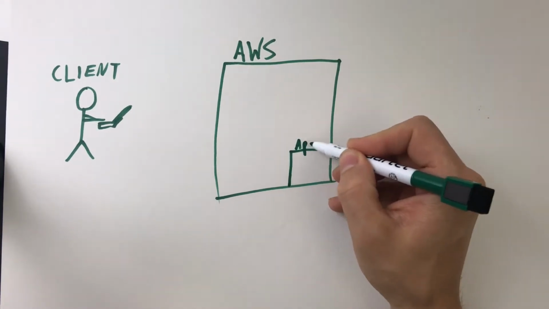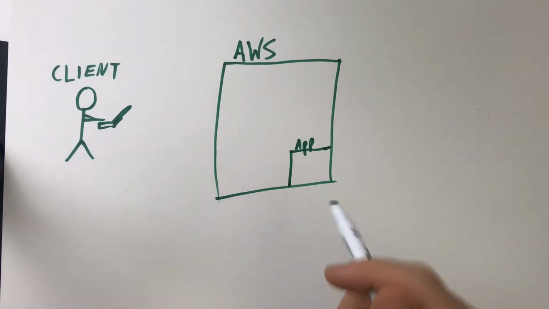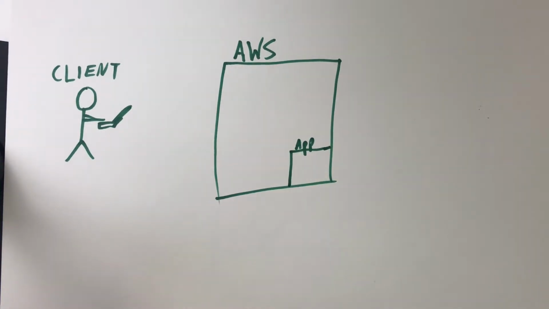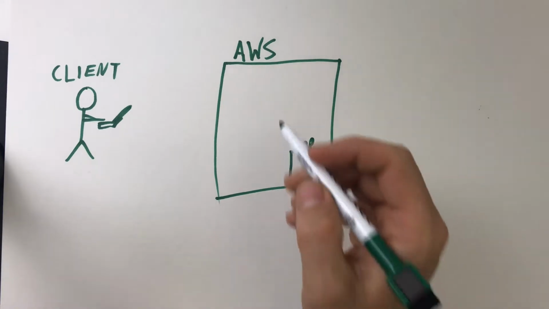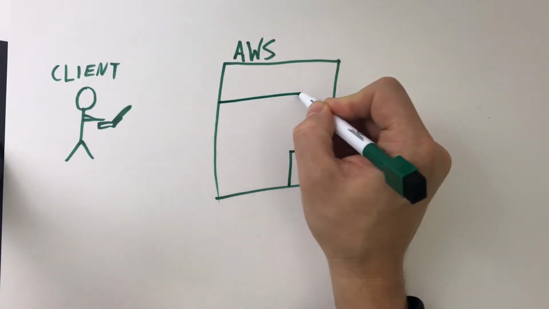Here's your Django app. Great, it lives there. Now, in order for the client to talk to that app, we need to install something on this computer called a web server. And the web server that we're using is called Nginx. So we're going to be installing this web server.